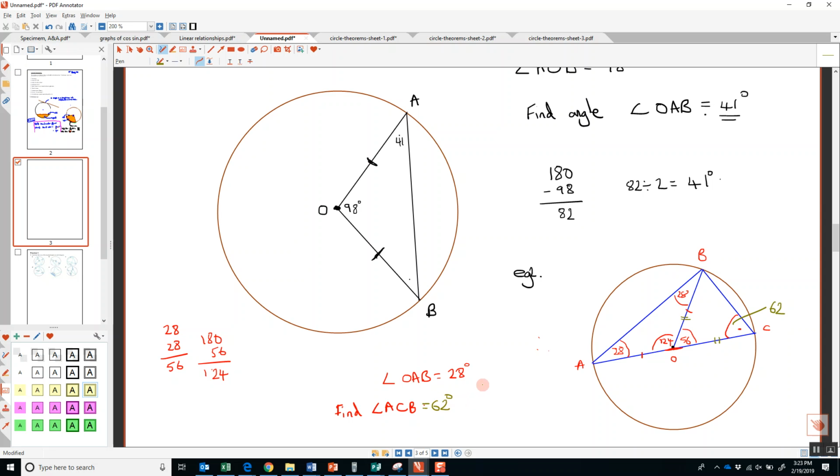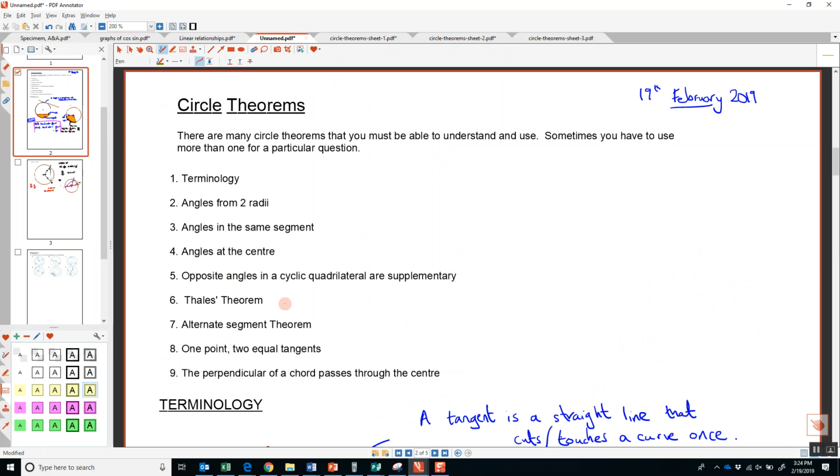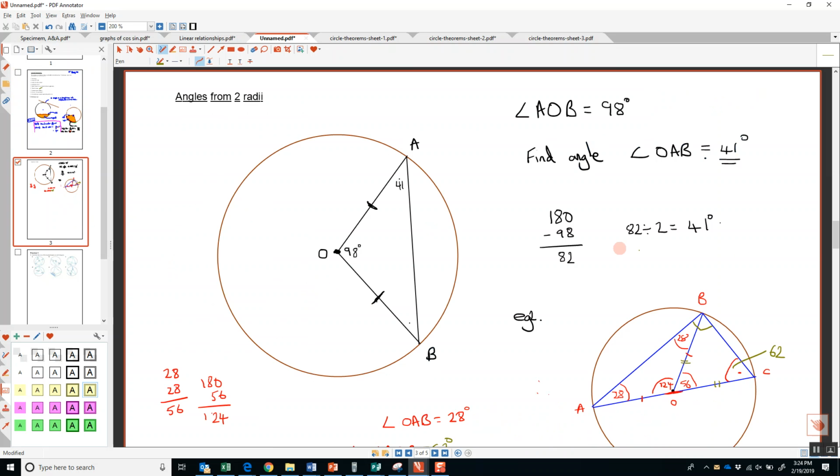Right, now where's the 90-degree angle, Ellie? At A, B, C. Now, did anybody else realize that? Good, that is also a 90-degree angle. That is Thales' theorem. Exactly, yep.